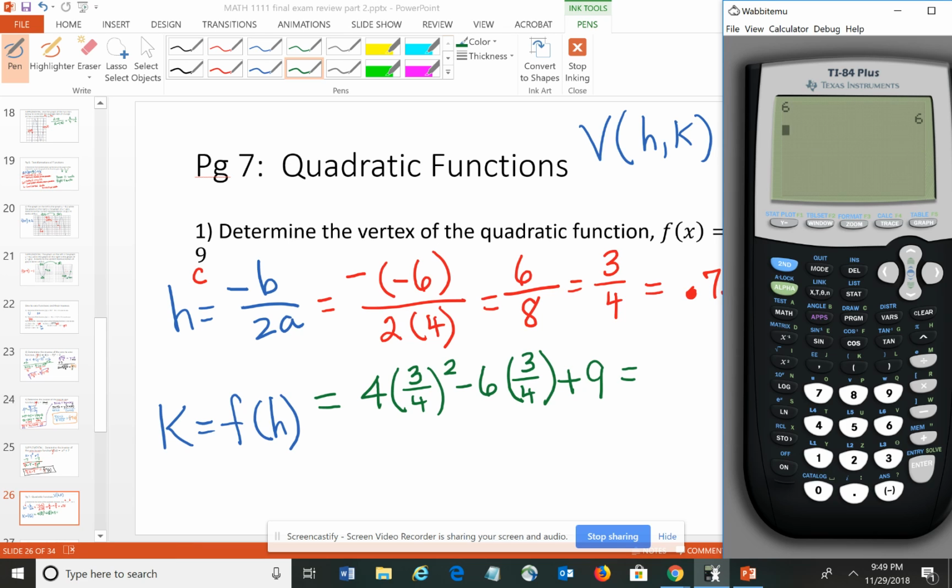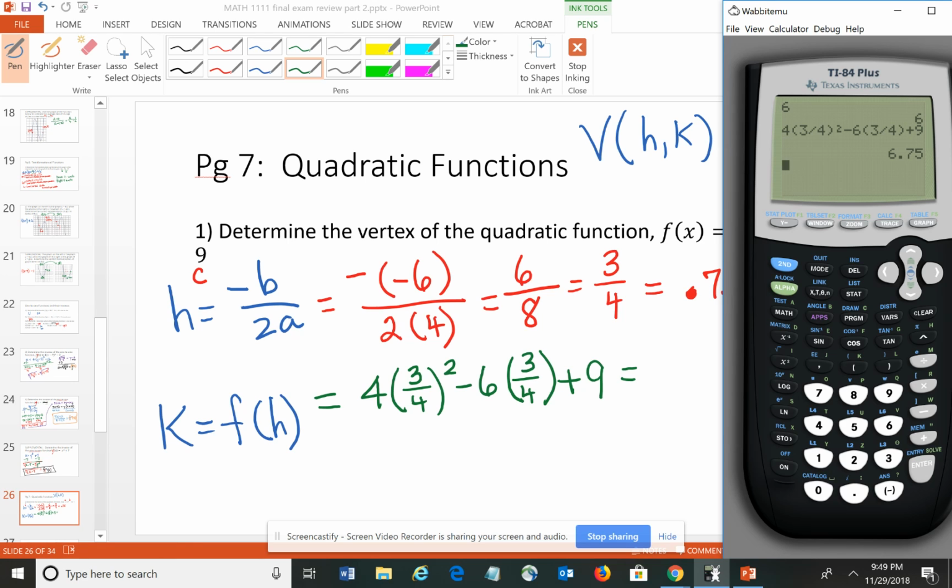So I would type 4 parentheses 3 divide 4, close them, square it, minus 6 parentheses 3 divide 4, close them, add 9, and I'm going to hit enter.